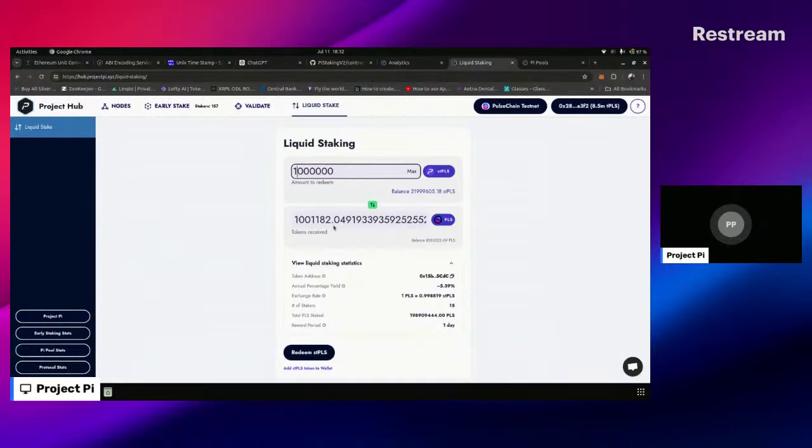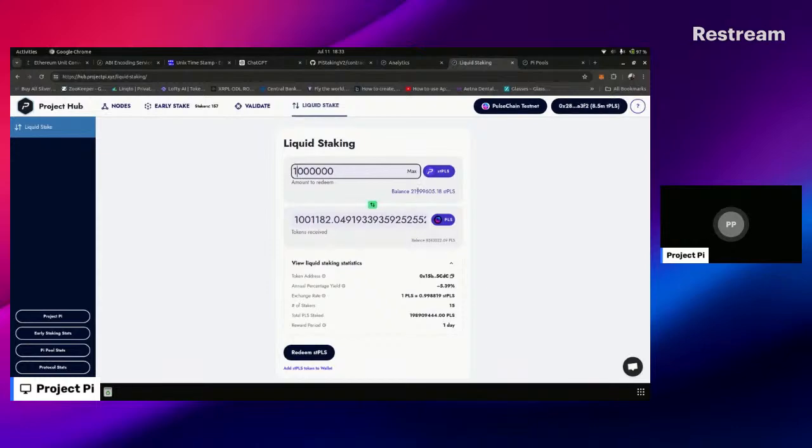That would be beautiful. But it's just showing that the system is working. I can actually redeem it and see that amount go into my wallet, but I'm not going to do that.